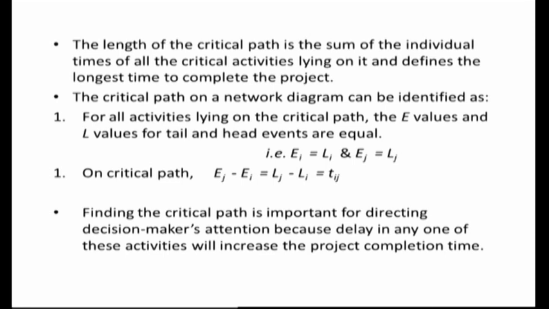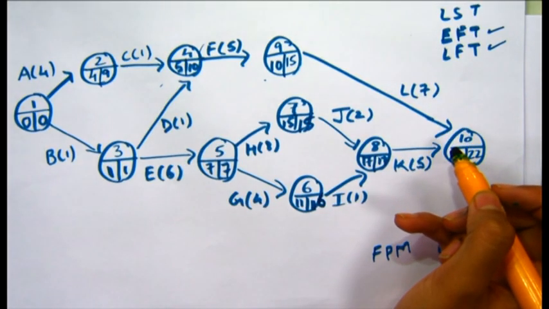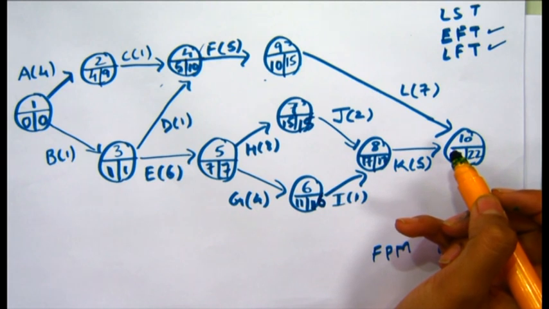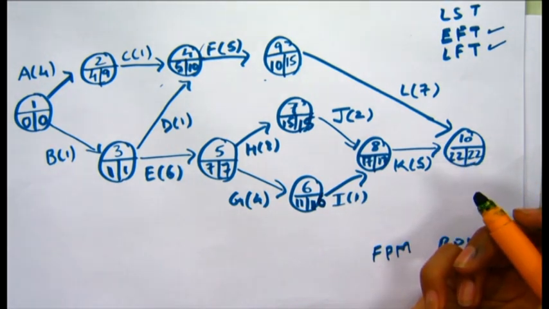Finding the critical path is important for directing decision makers' attention because delay in any of these activities will increase the project completion time. So, for this example, let us try to identify the critical path. We can identify it by adding up all the individual times on all different paths, but the simplest way is as stated in the theory, where the E times are equal to the L times.